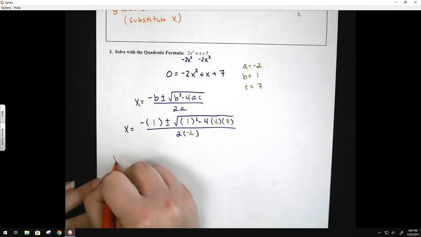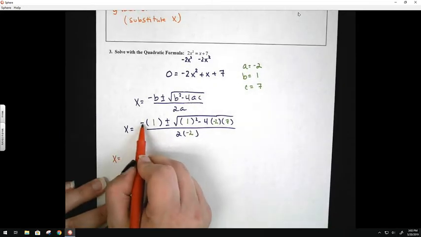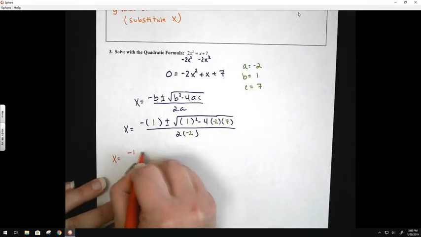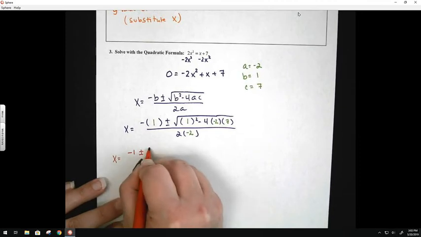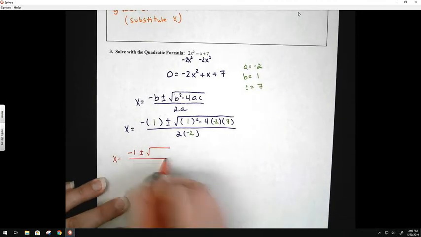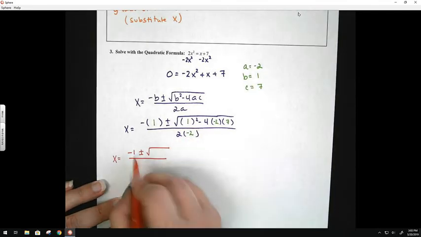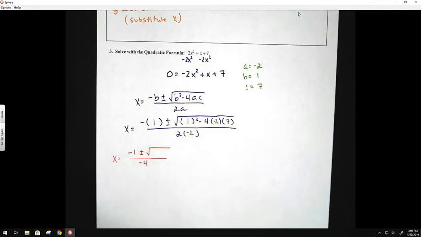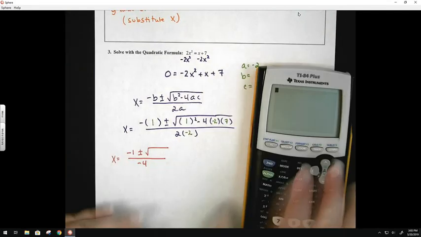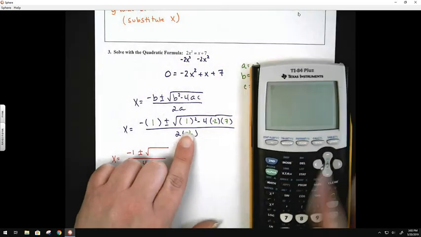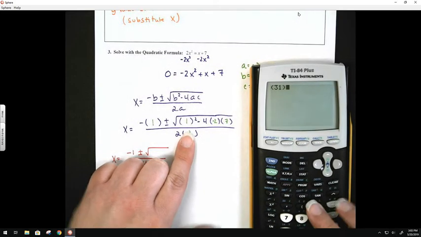So we have x equals negative parentheses 1, which really just means negative 1, plus or minus the square root of some number. I'm going to figure that out in a second. And I know on the bottom, 2 times negative 2 is negative 4. So I'm going to go ahead and use my calculator to figure out what this part is. So plug it in without the square root, remember.